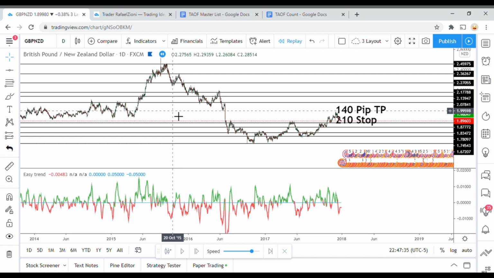One group is saying it's going to go down, one group is saying no, it's going to go up. One group is saying this area is overhead support, some say this is technically overhead resistance, some people are saying this is underneath support.